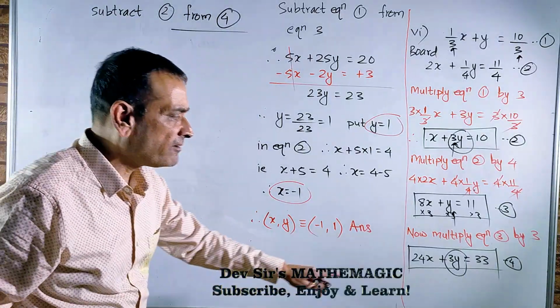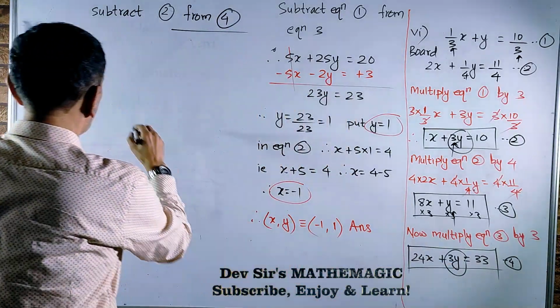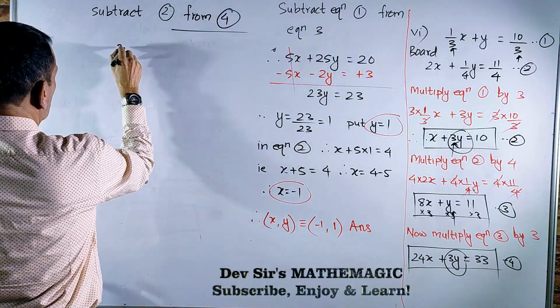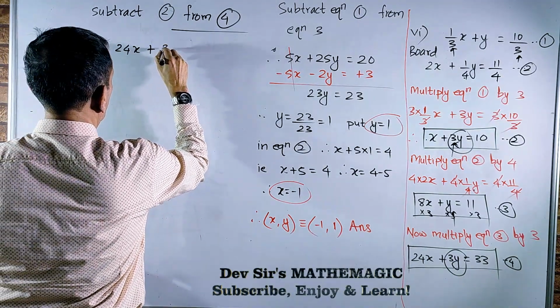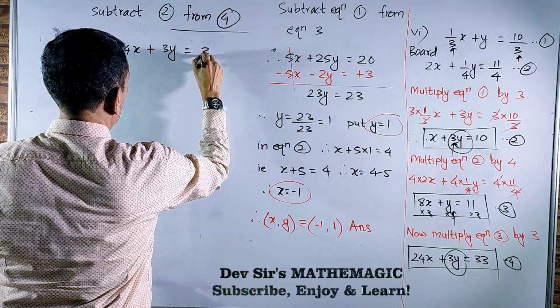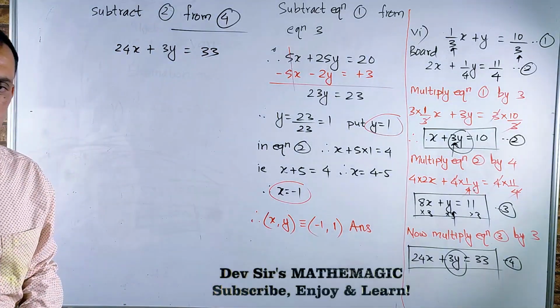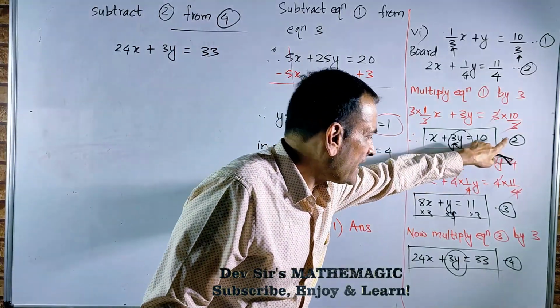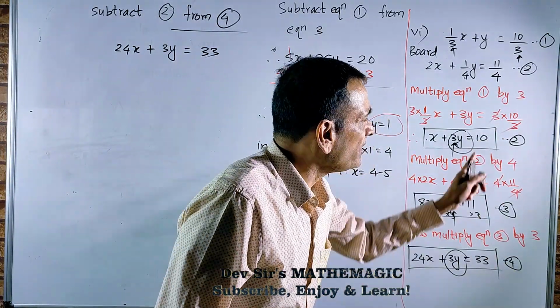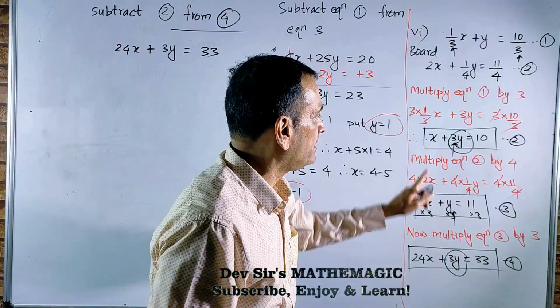From 4 means write equation 4 first. Subtract 2. Subtract 2 means change the sign of each term. Subtract and change the sign.